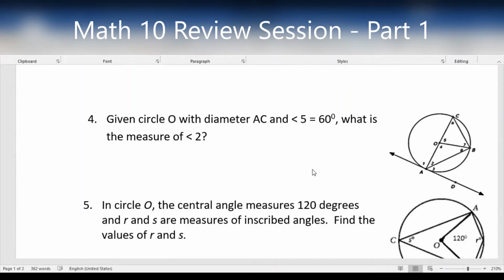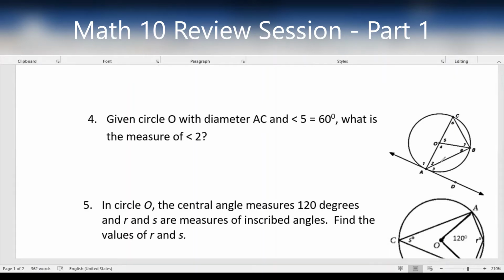Angle 2 is Farah, right? Yes, Farah. Yes, 30. Why 30 degrees again? Miss, angle 2 intercepts arc CV. Arc CV is equal to 60. The rule is that an inscribed angle is half of the arc that is intercepted.